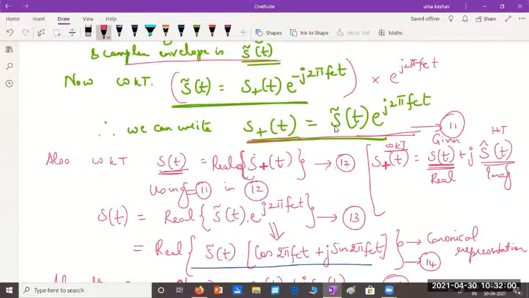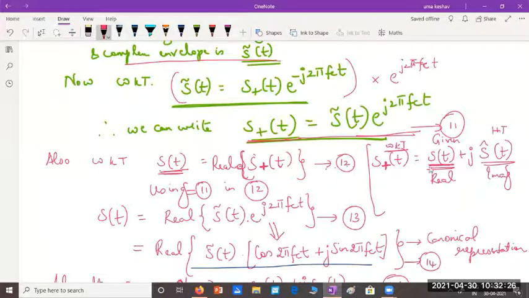So we are using this second representation. S plus of t is S tilde of t into e power j2 pi fct. And we also showed in the previous class that the pre-envelope has the given bandpass signal S of t as its real part and the Hilbert transform of the signal as its imaginary part.